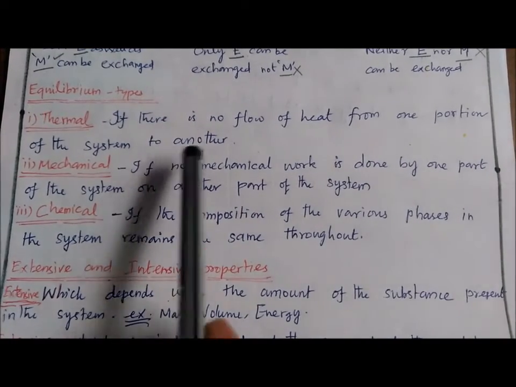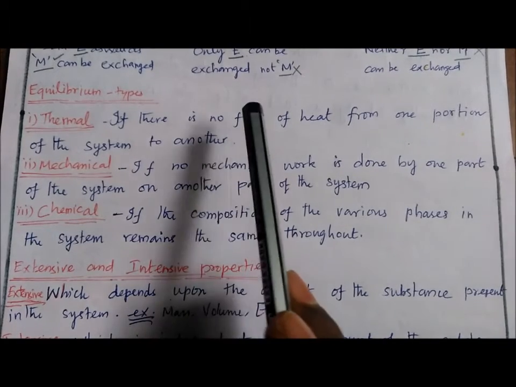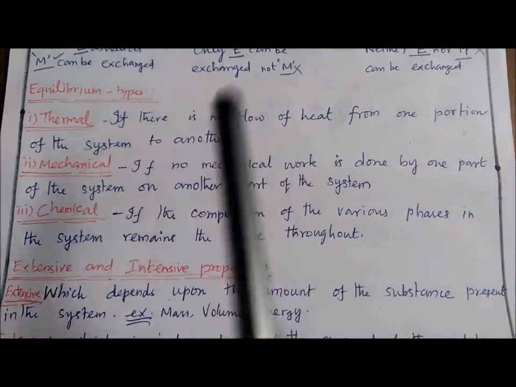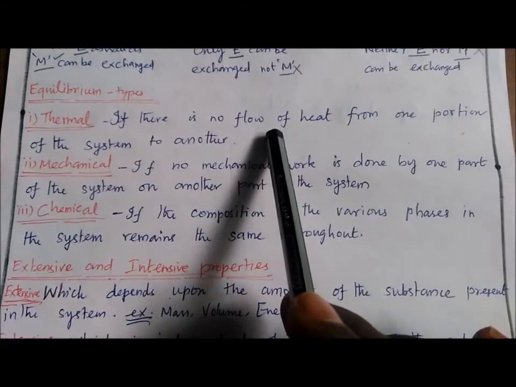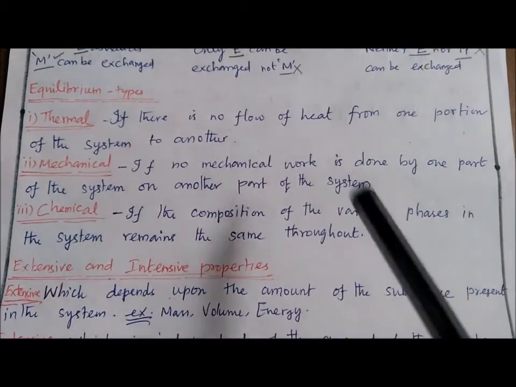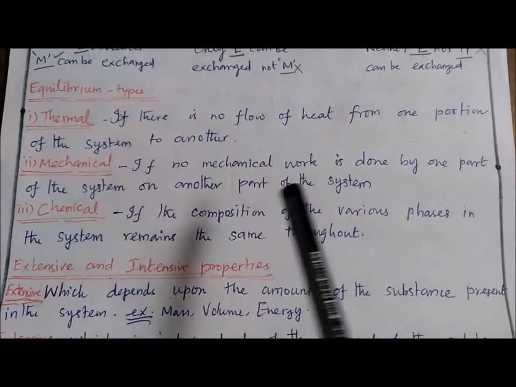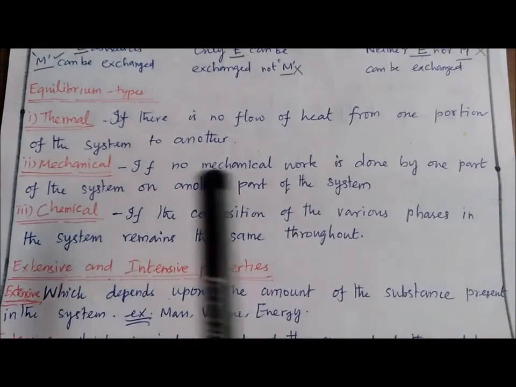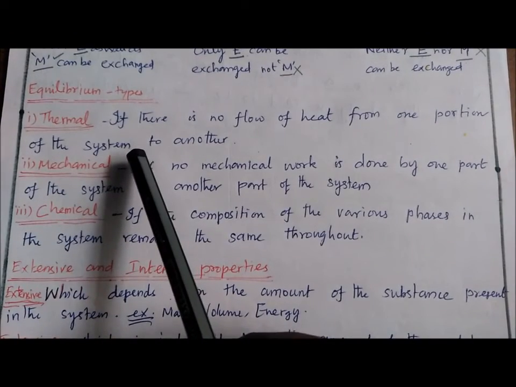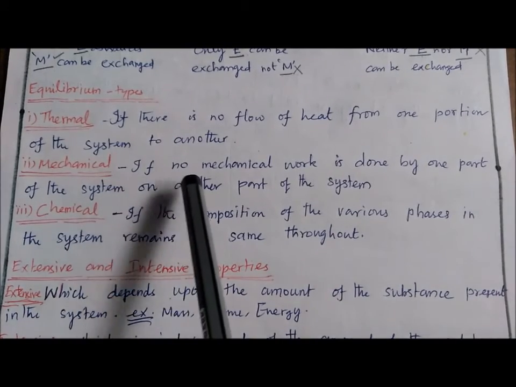When is it possible? It is possible only if the temperature remains the same throughout all the parts of the system. When we are doing an experiment, if the temperature remains the same throughout all the parts of the system, then only is it possible to have thermal equilibrium. Once again, a system is said to be in thermal equilibrium if there is no flow of heat.